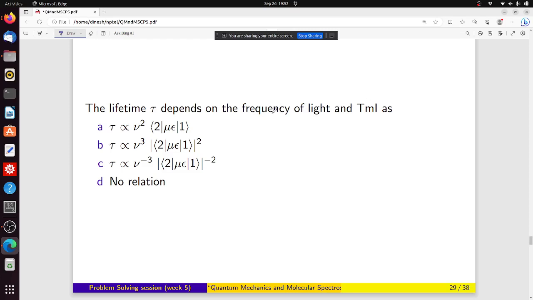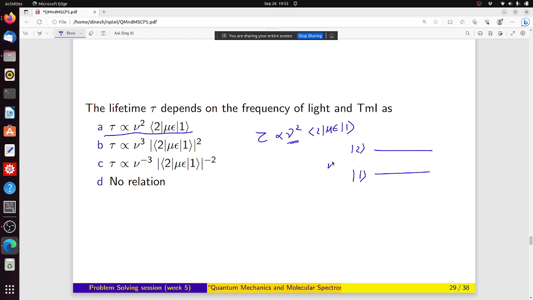The lifetime tau depends on the frequency of light and transition moment integral as which relation? Option A. Yes. We are saying tau is directly proportional to frequency and transition moment integral. Okay, so there is a system.